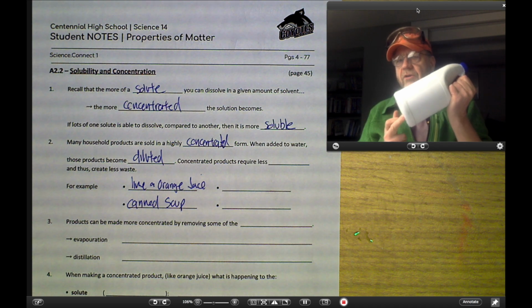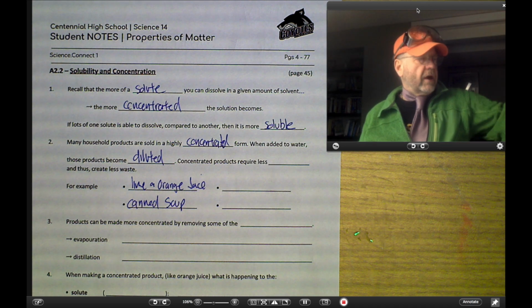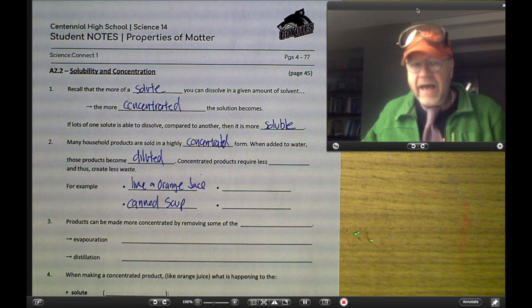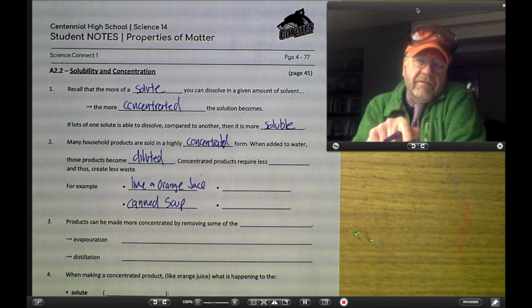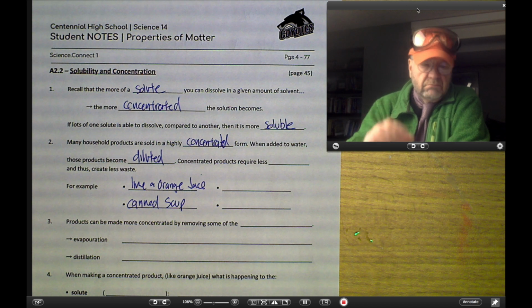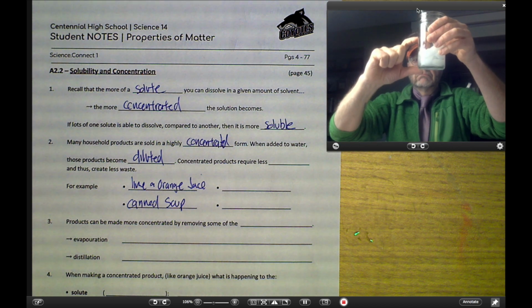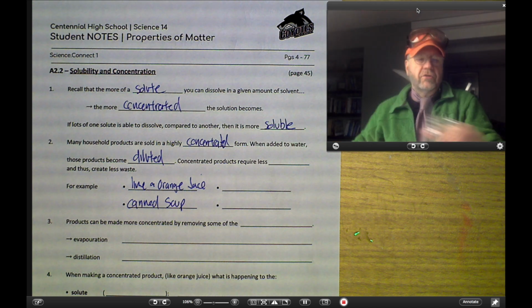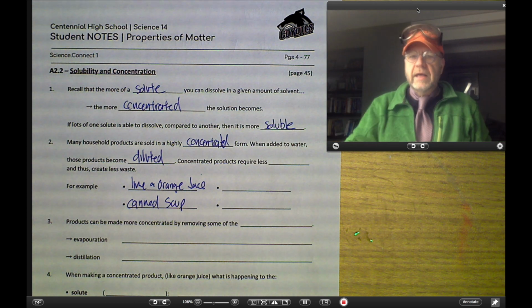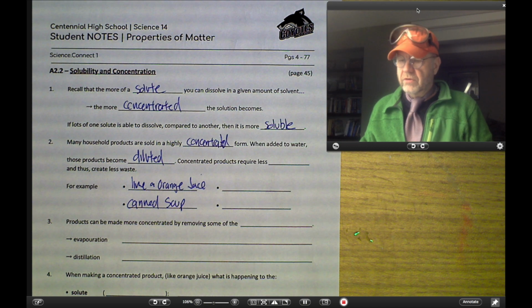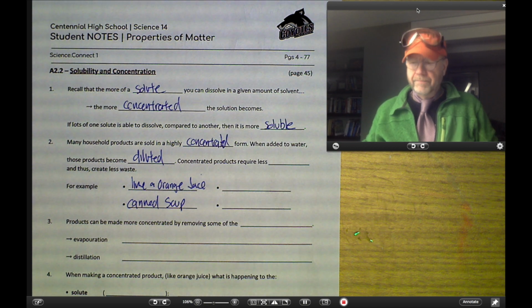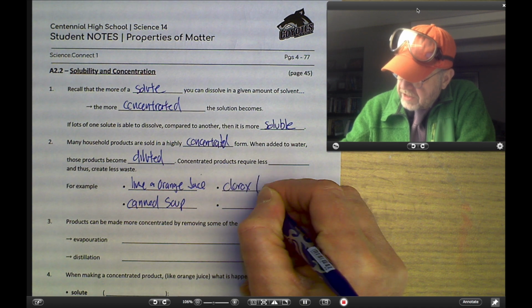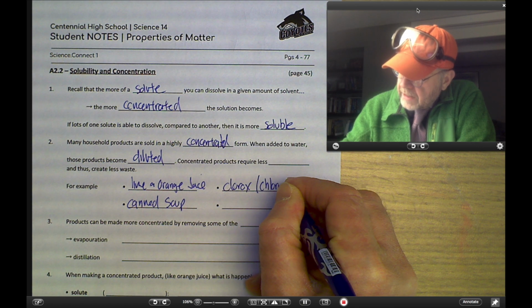But did you know that you can make a sterilizing solution of chlorine bleach, Clorox being the brand name, by adding about 80 mils of chlorine bleach to 4 liters of water, and you've got a disinfecting solution that you can kill germs and viruses with.